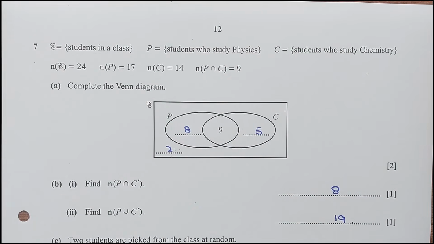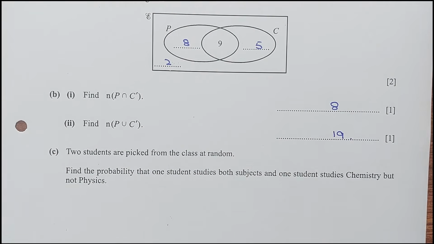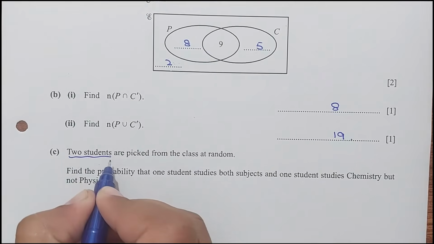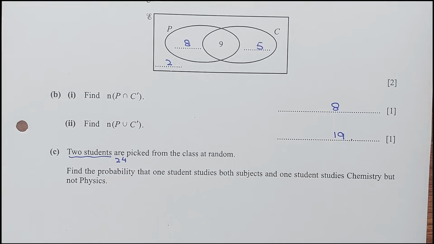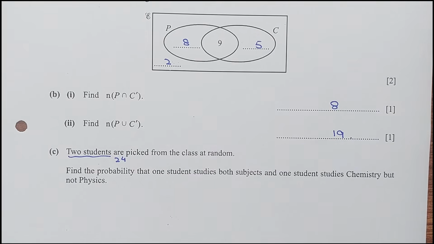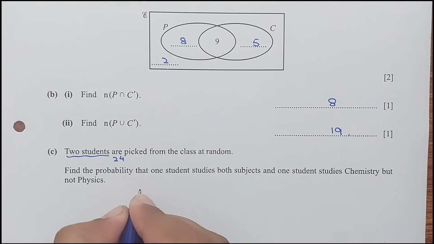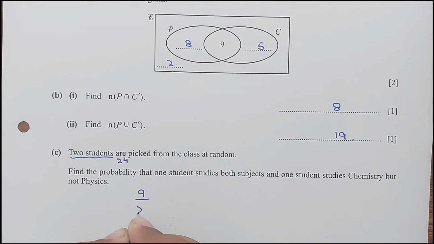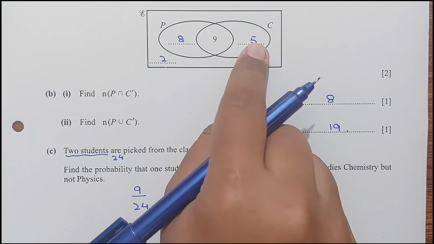Right. Now for part C, 2 students are picked from the class at random out of 24 students. So the total is 24. Find the probability that one student studies both subjects and one student studies chemistry but not physics. So one student studies both subjects: 9 out of 24 is the probability of that student, times the other student studying chemistry but not physics, so only chemistry.